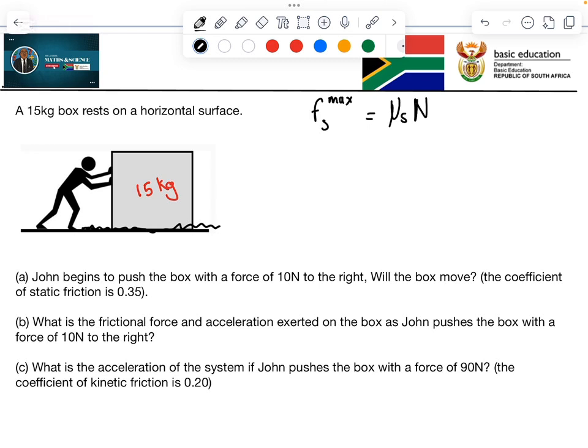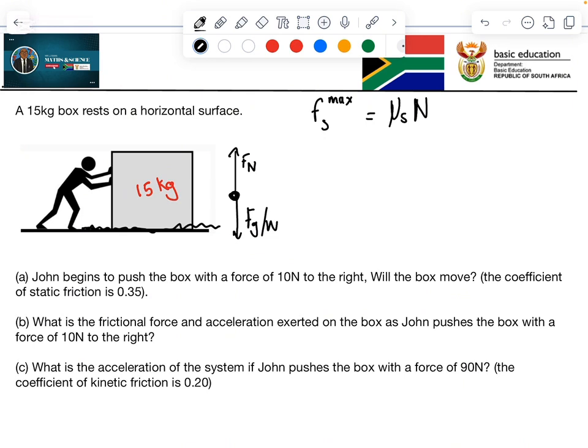If I were to draw the free body diagram, especially the vertical forces, we have the normal force and the weight of the object. Because we only have these two forces vertically, they are balanced, meaning that the normal force is equal to the weight.